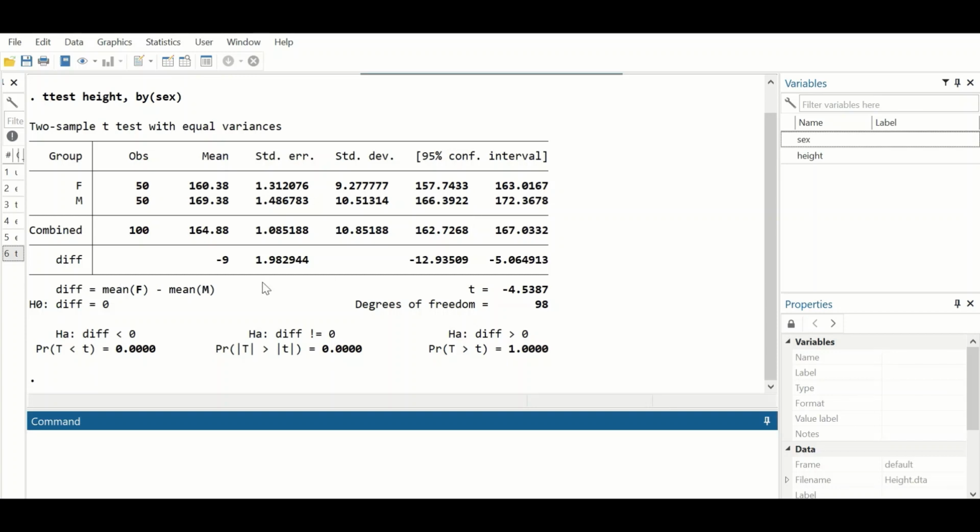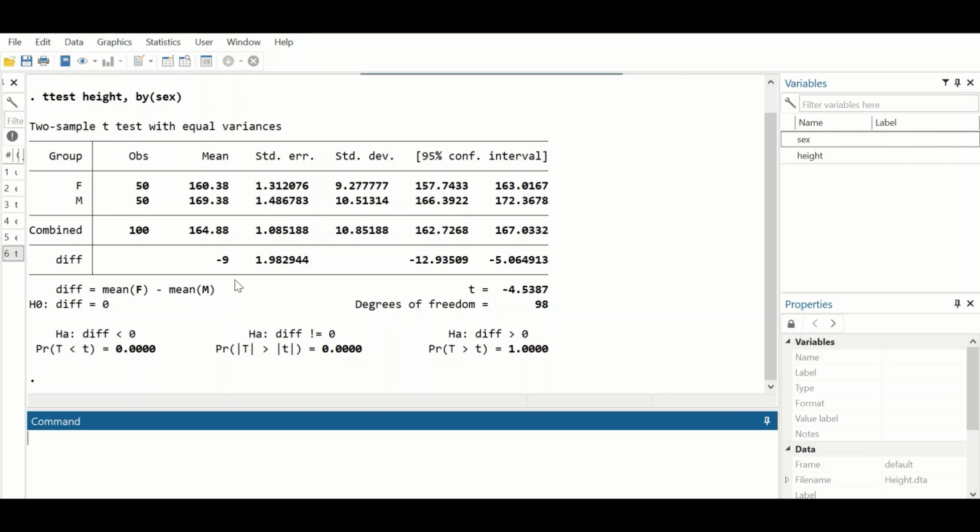So this adds another layer of confirming that our observation is genuine. And when we look at the row here, which is the difference between the males and the females, it is -9. So here the mean for the females minus the mean for the males, the male's mean is subtracted from the female's mean, and it is -9.